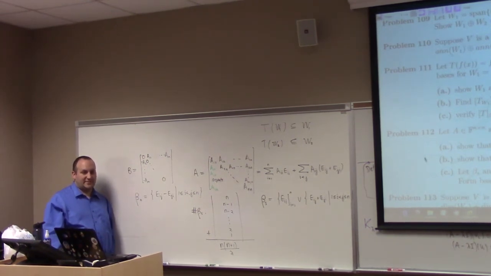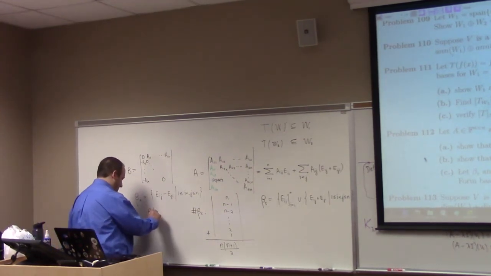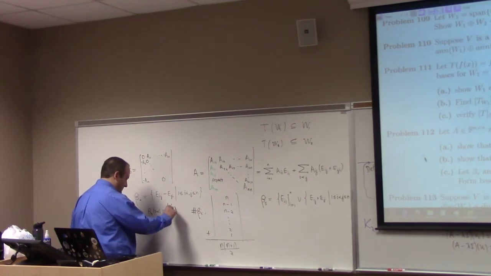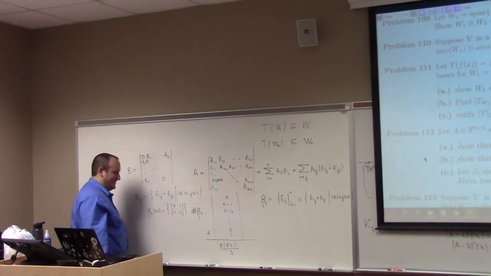How big is the subspace of antisymmetric 2 by 2 matrices? 1. Yeah, it's just 1.